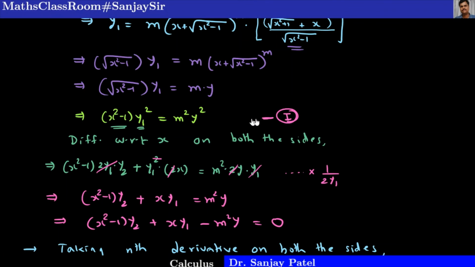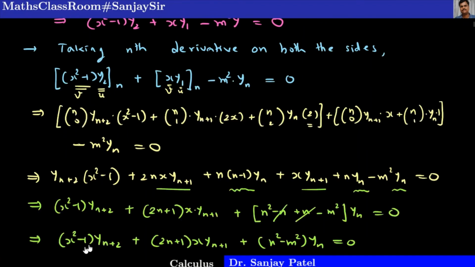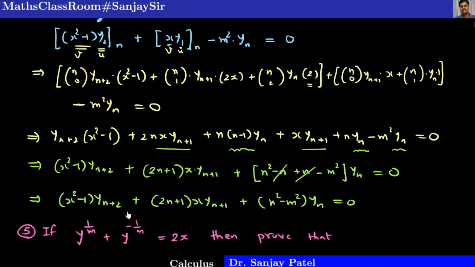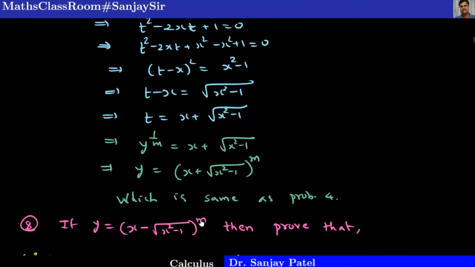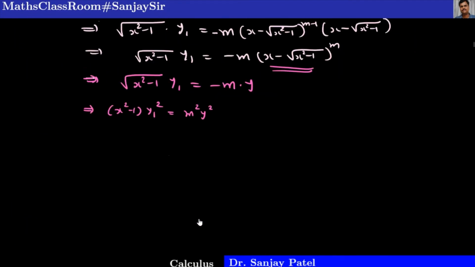And the rest of the problem solution goes like this. So after this step, you must just write the same solution, and you will get the same final result, (x square minus 1) y(n+2), same as in the last problem. So let me write this way, which is the same as 1 in problem number 4.